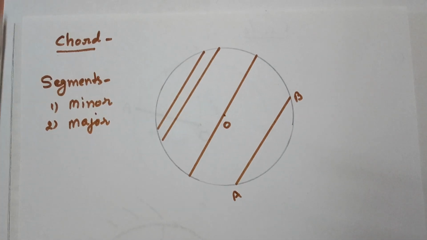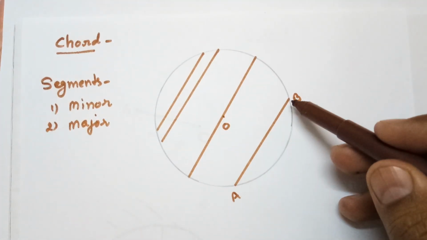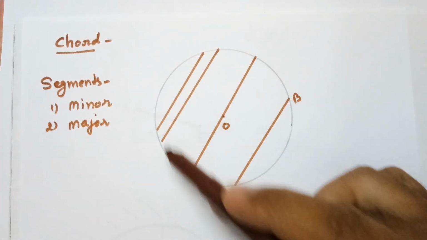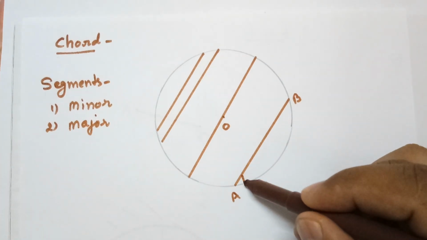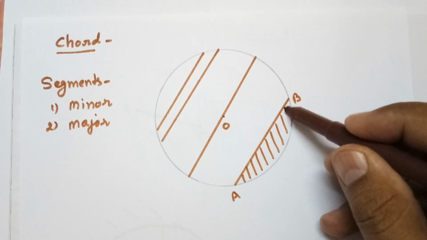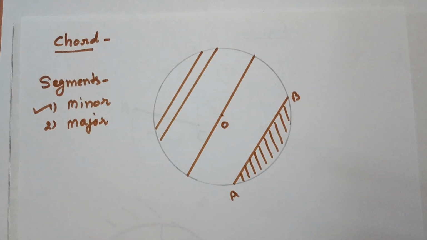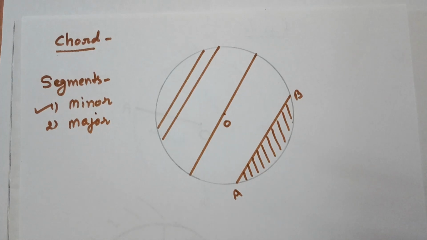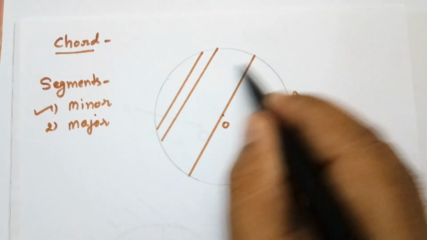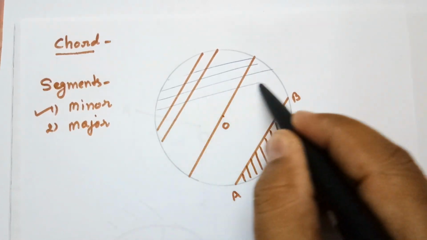A chord of a circle divides the circle into two parts. Just like here, this AB is dividing this circle into two parts. One part, which I am shading here, is called the minor segment, and the remaining bigger part is called the major segment.